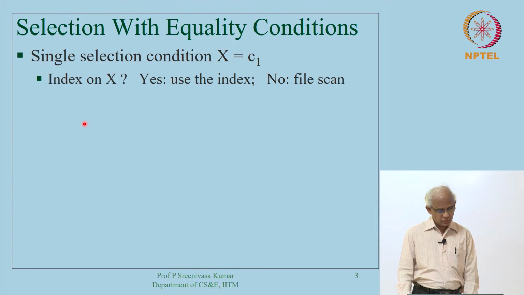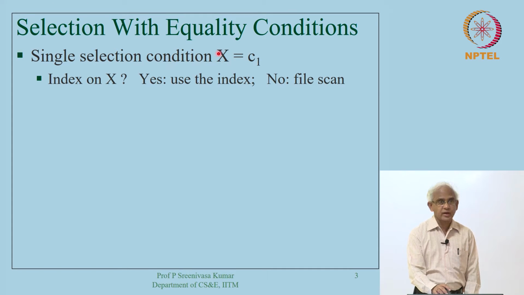Okay. Now, let us start with simple selections. Let us focus on a selection condition on some attribute x equal to some constant. In general it can be another attribute or a little more complex expression, etc., but let us just focus on the simple condition where the selection attribute equals some constant.